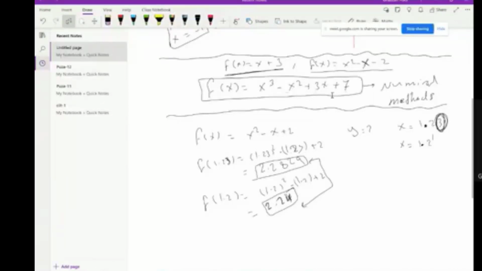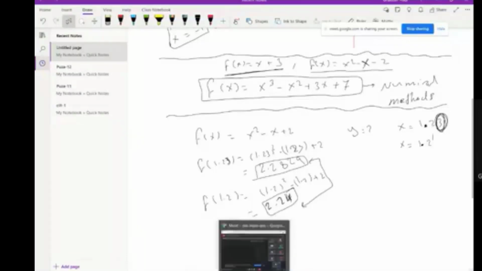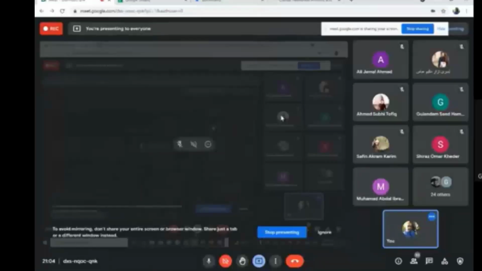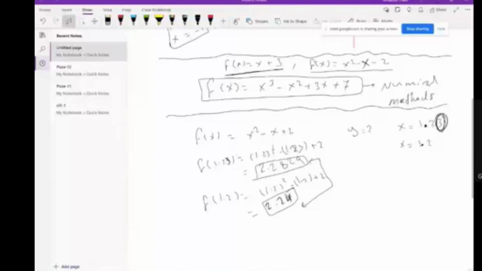We will use numerical methods to solve this equation and find the value of x. Okay.